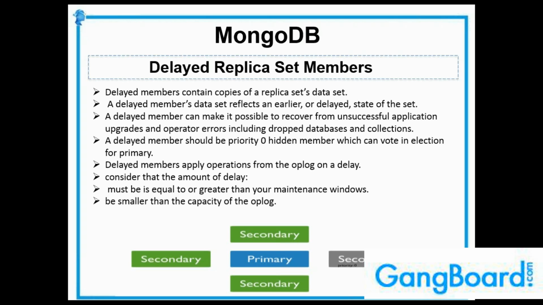No, you are talking about the dropped collection issue or something else? No, this delayed replica set member, if one secondary member is delayed from replicating from the primary because some backup operations are going on that particular secondary. While taking a backup, we can't even take half of the collections, right?